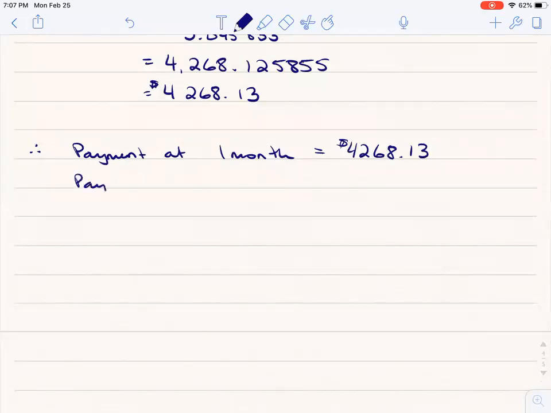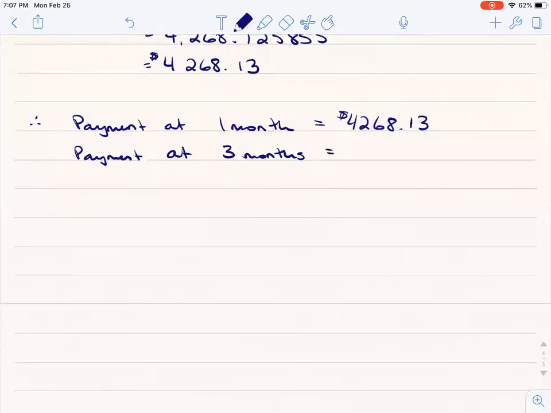And the payment at 3 months is 2 times that. Let's show it here. 2 times 4,268.13, which is going to be 8,536.26.